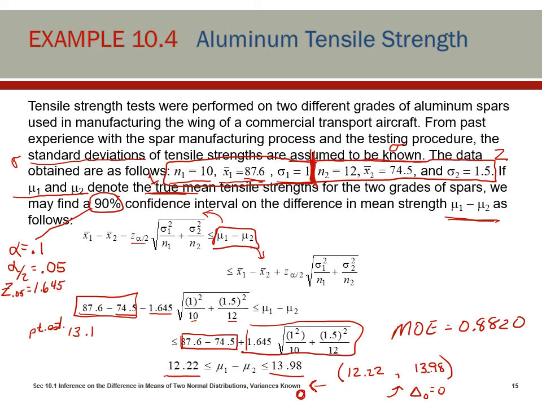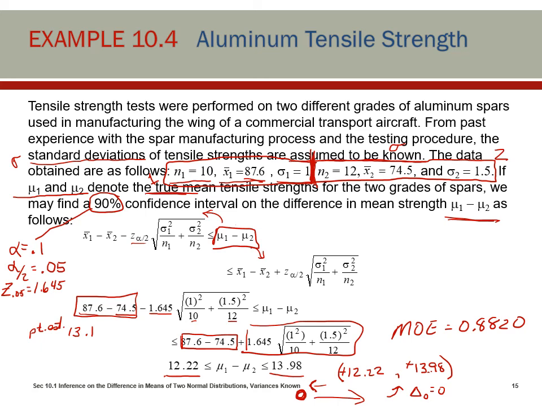Here, both of these values are positive, positive 12 and positive 13. Both of those are way bigger than the 0 delta if we were doing a hypothesis test. So we know that there is definitely a difference in the two manufacturing processes for the spar.